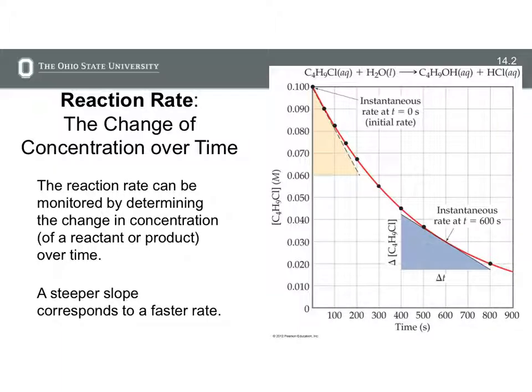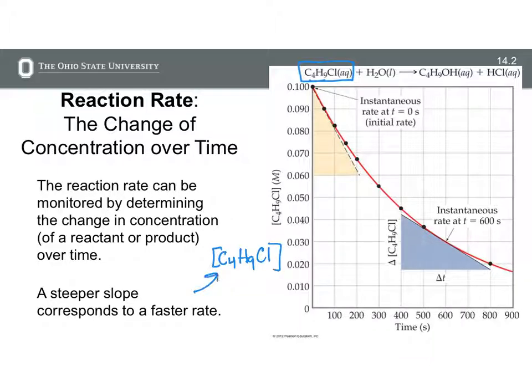Let's take a look here in general about a reaction that's going to take place. We're going to have C4H9Cl. It's going to react with water and form some products. Okay. I want to note a couple things. On our y-axis, I'm going to write this horizontally. We have in brackets C4H9Cl.